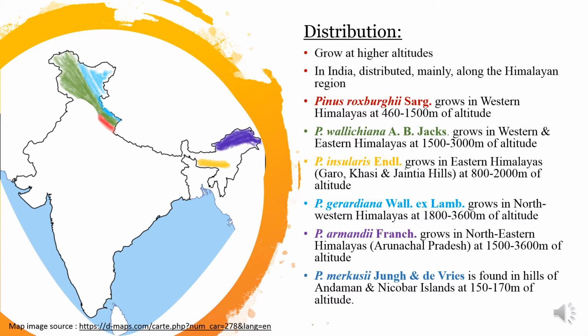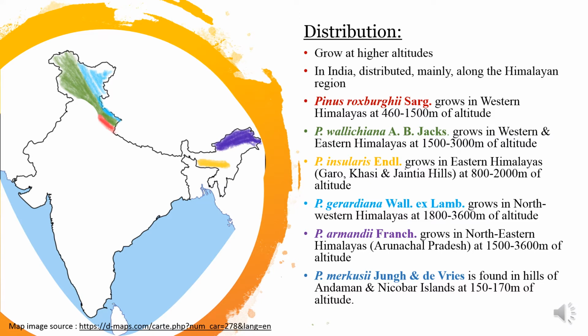Third, Pinus Insularis. It is restricted to Garo, Khasi and Jaintia hills in the eastern regions of Himalayas in India at an altitude of 800 to 2000 meters. Next, Pinus Chiradiana. It occurs in northwestern Himalayan regions in Tibet, Kashmir and in pockets of Himachal at 1800 to 3600 meters of altitude. After this, Pinus Aramendi.